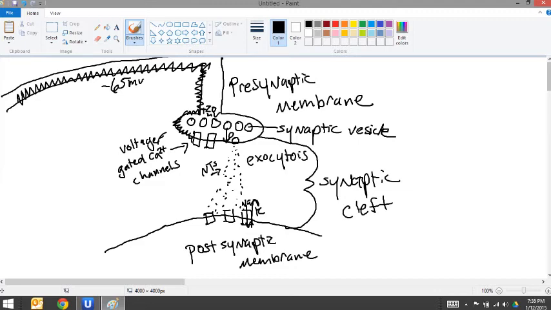And they can do things like modulate the activity of different proteins on the inside of the cell. They can modulate the activity by activating enzymes, or they can modulate the strength and efficacy of channels in the membrane itself.